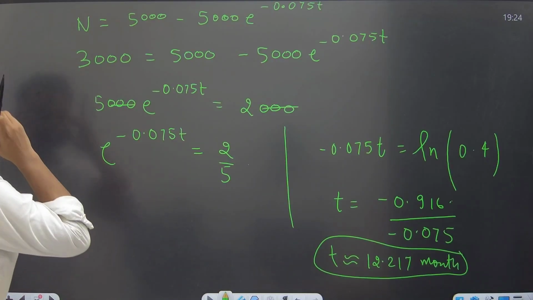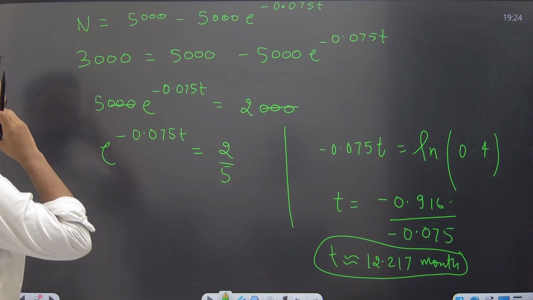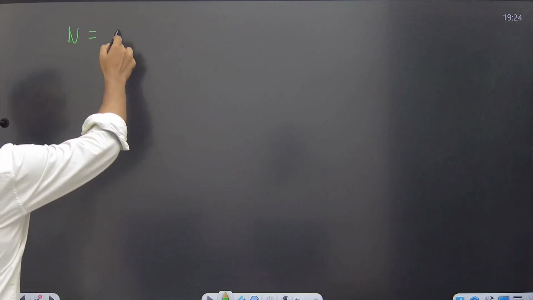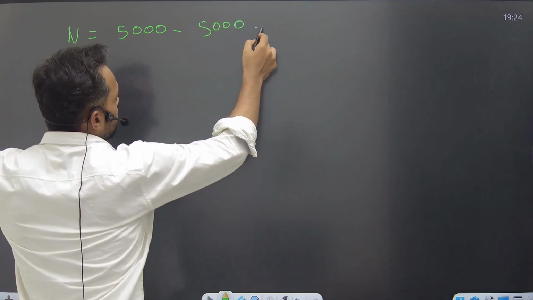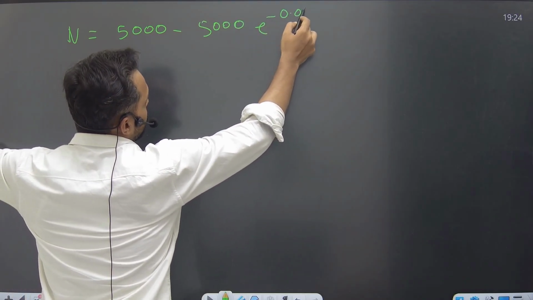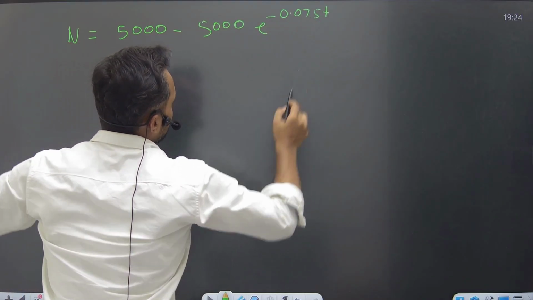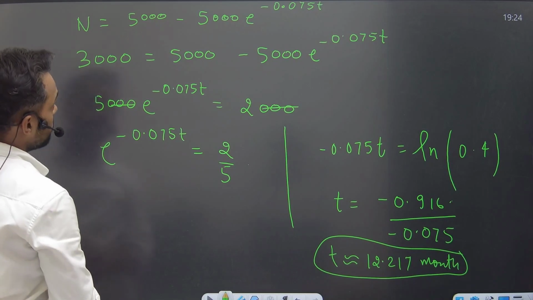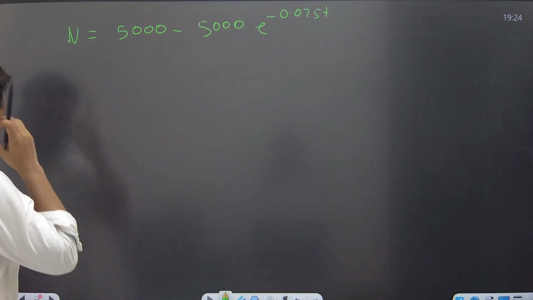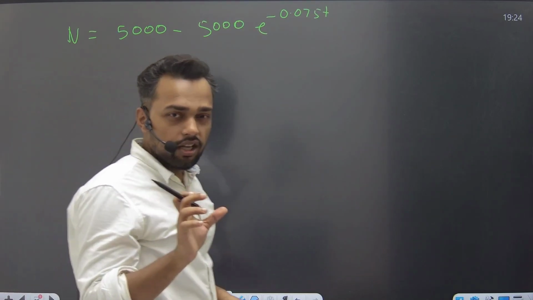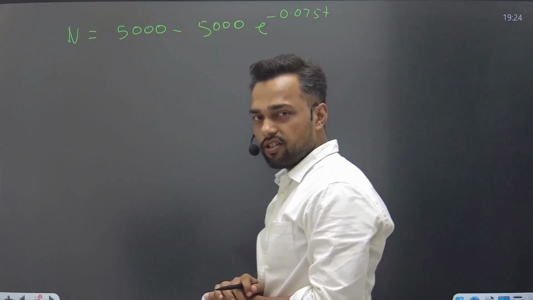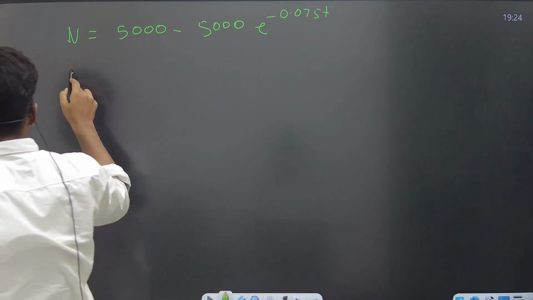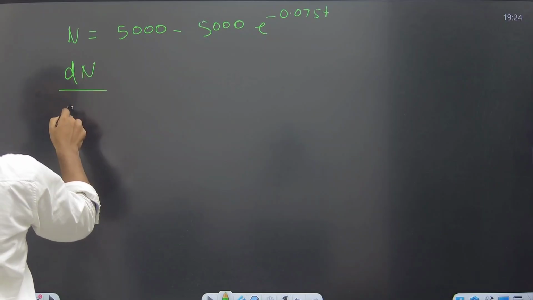We need to differentiate it with respect to time. So N is 5000 negative of 5000 e raised to the power negative of 0.075 t. This was our particular value, student. Whenever the term rate comes, it means we are differentiating with respect to time, so here you will be doing differentiation of dN by dt.